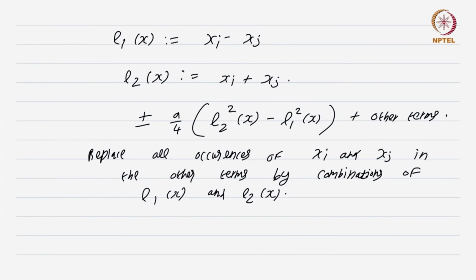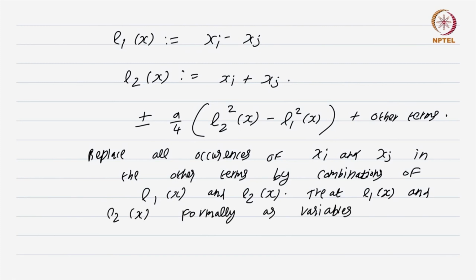Now treat L1 of x and L2 of x formally as variables u and v. This part might sound a bit fishy. You might think that this is not rigorous.